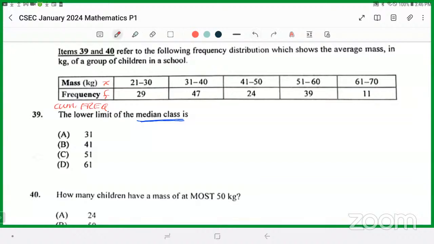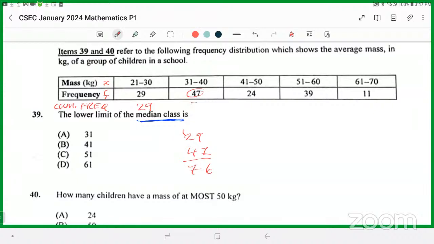After this group, we have 29. We need to add this now. So 29 plus 47. How much is that? That is 76, because this one gives me 16 and this gives me 7.